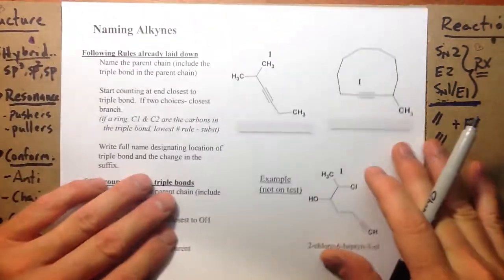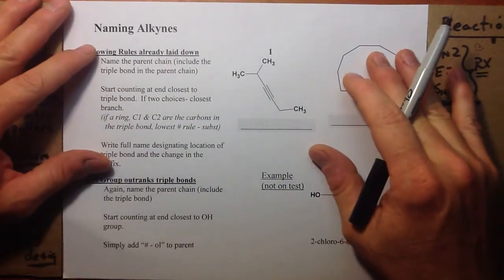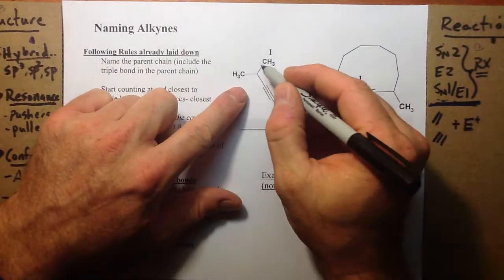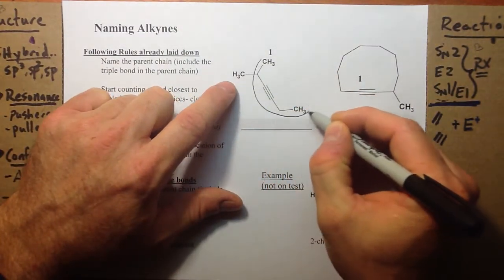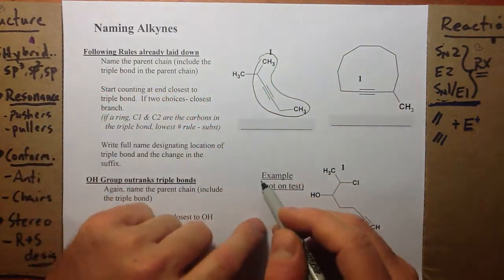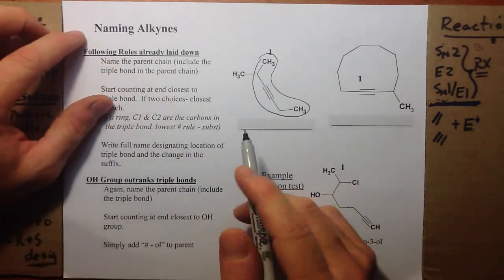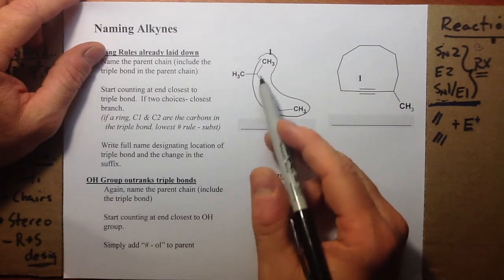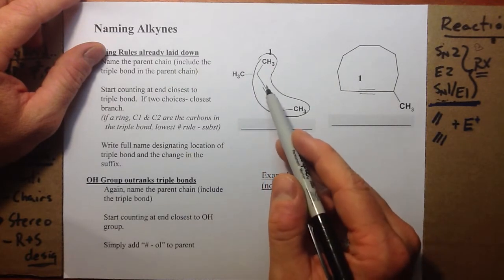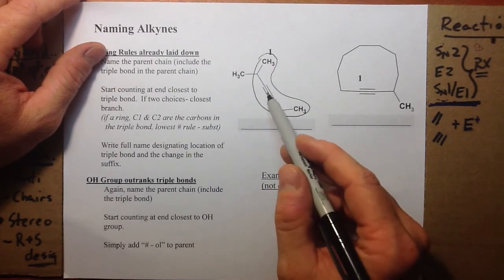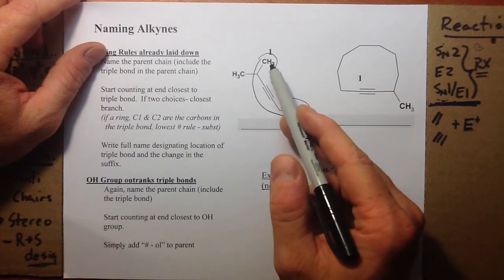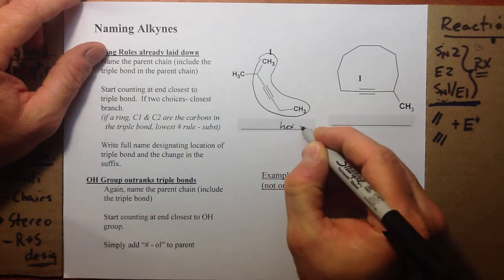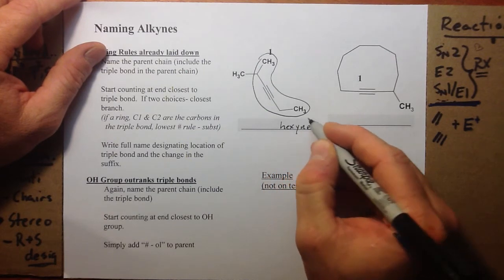Before we get to that unique reaction where the base comes in and attacks an alkyne, we do want to go through some naming. So I have a brief slide here discussing naming. Like with alkenes, if that's the only functional group we have, an alkene or an alkyne, we circle it in the longest chain. We've circled the alkyne here in the longest chain. This is a hexyne, not hexene but hexyne.